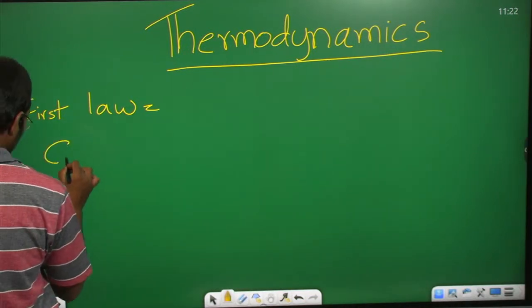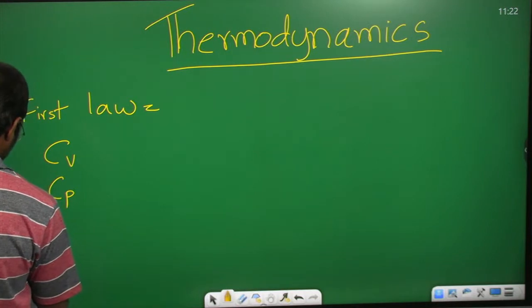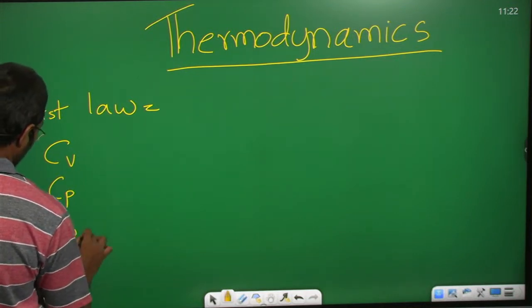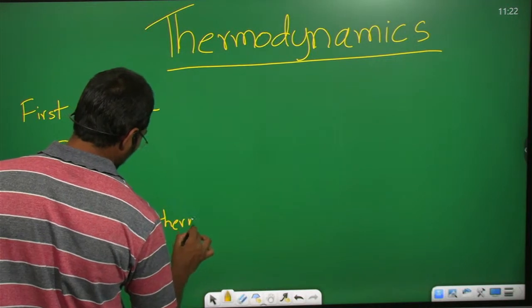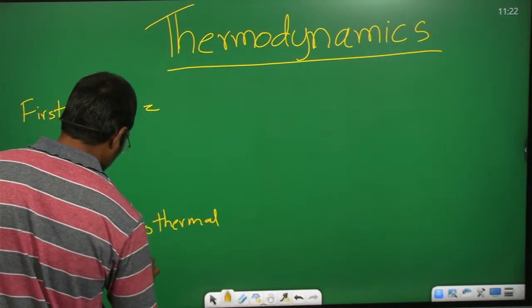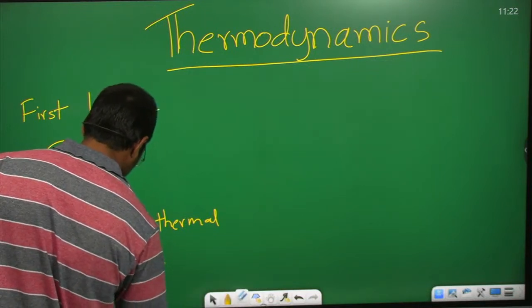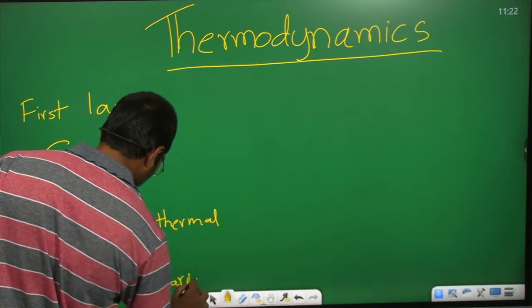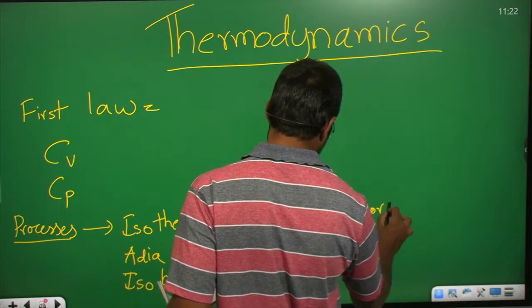So CV, CP, so processes, we have isothermal, we have adiabatic, isobaric, isochoric, still any other?